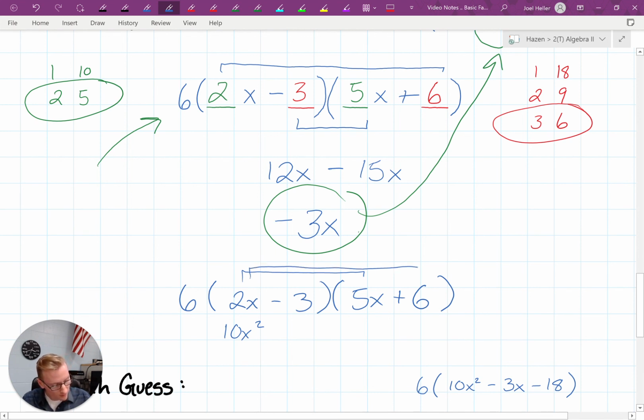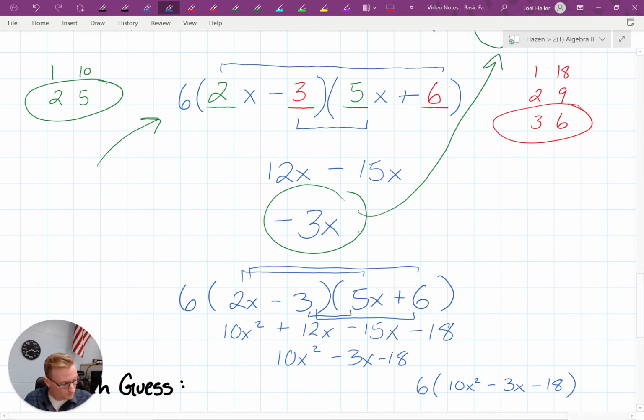Outside, that's going to be plus 12x. Inside is going to be your minus 15x. And your last, that's going to be minus 18. And that, yep, that checks out. That's 10x squared minus 3x minus 18. That's my original. If I multiply the 6 through, that'll work out.